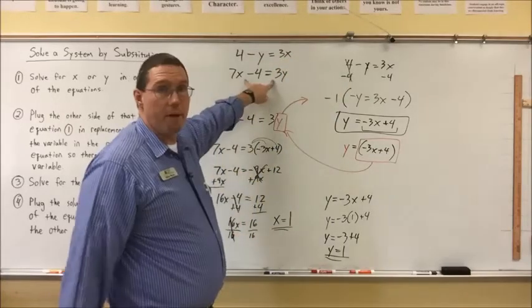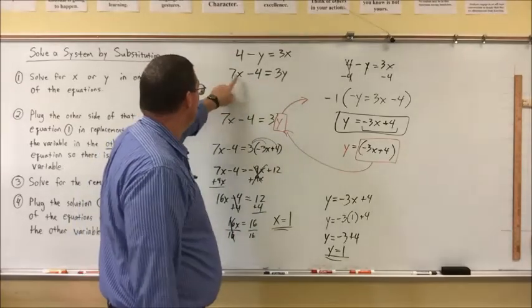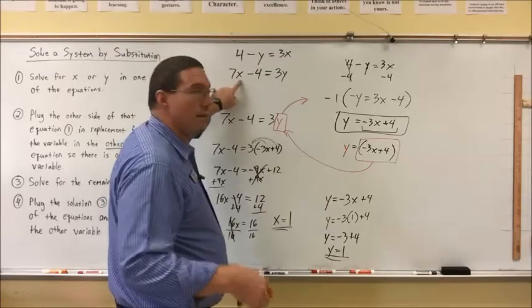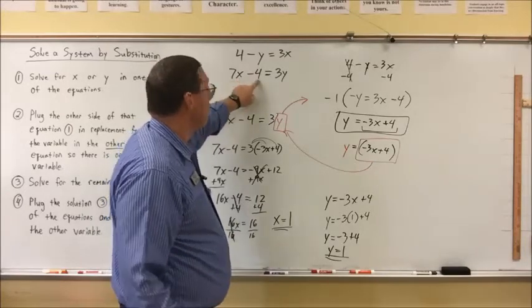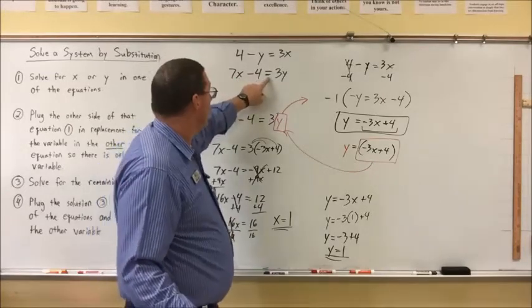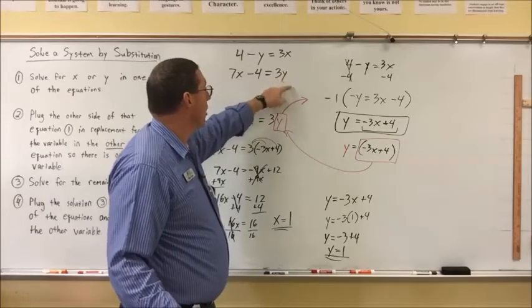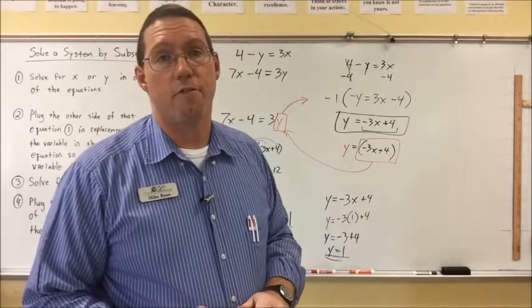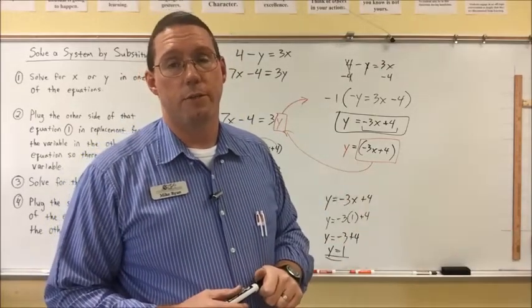But let's make sure it checks out in both equations. Let's put a 1 here. 7 times 1 is 7. 7 minus 4 is 3. And over here equals 3 times 1. Well, 3 times 1 is 3, so it does check out. And so we have a successful solution for this system of equations.